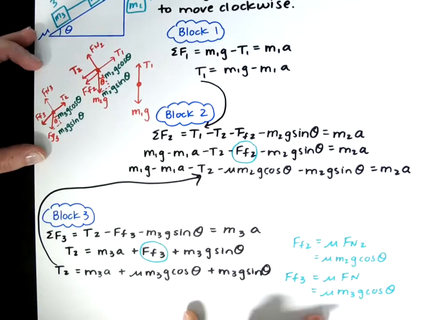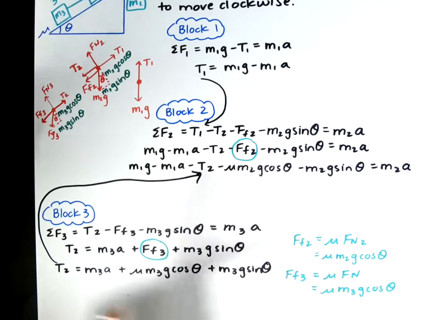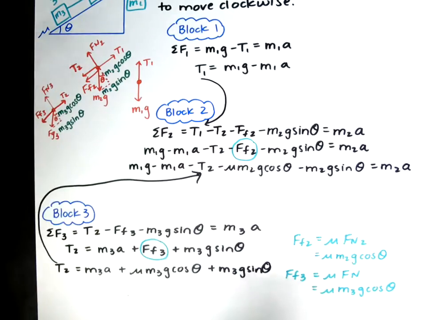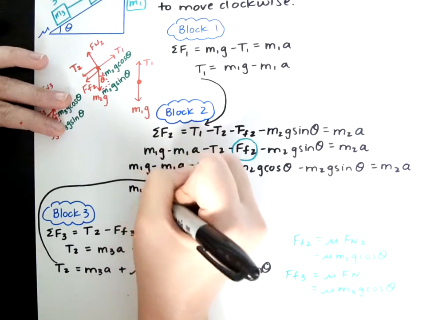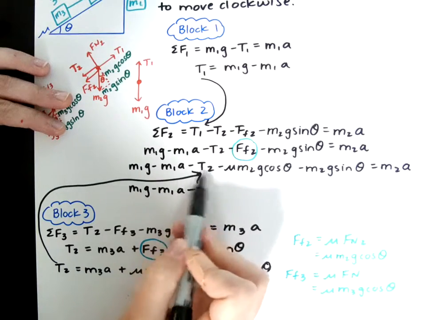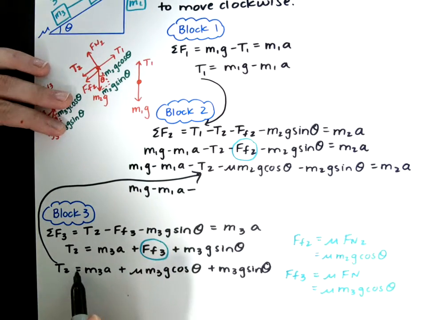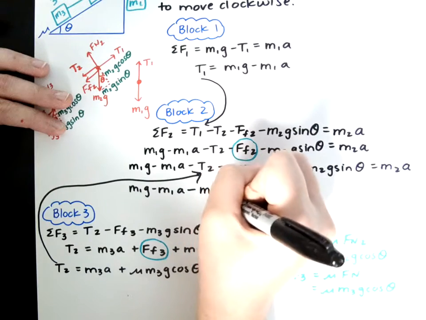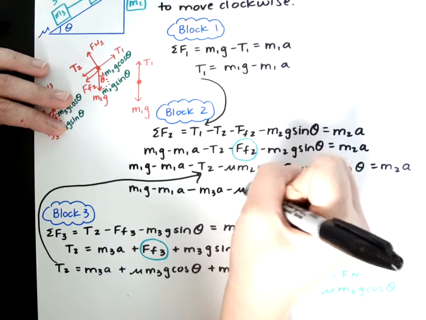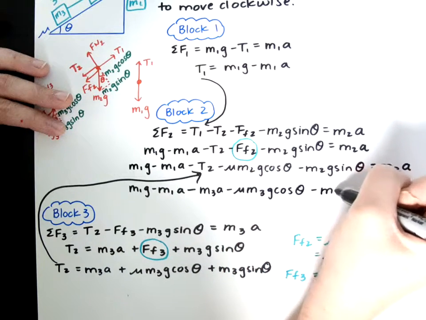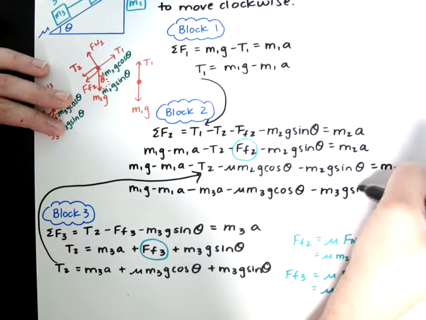Okay, we're almost there. We're down to having just M's, mu's, G's, and thetas. So M1G minus M1A minus, since we're subtracting T2, we want to make sure there's a negative in front of each of these factors. So M3A minus mu M3G cos theta minus M3G sine theta.